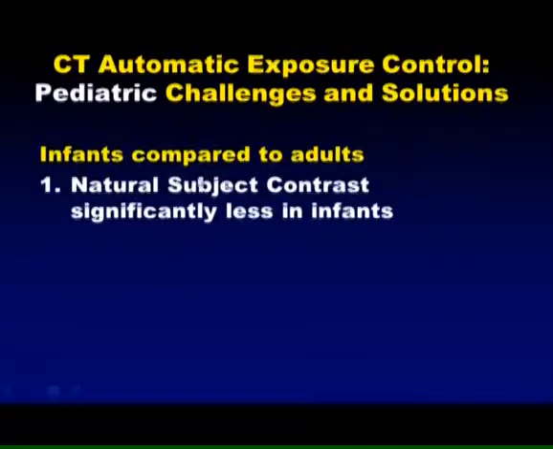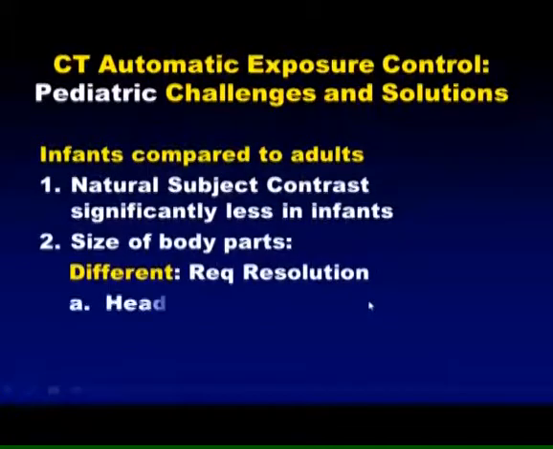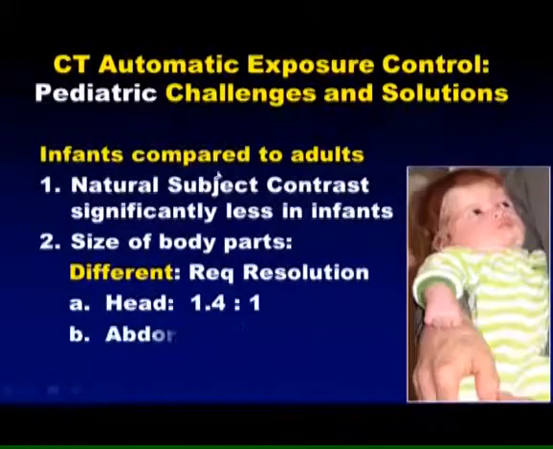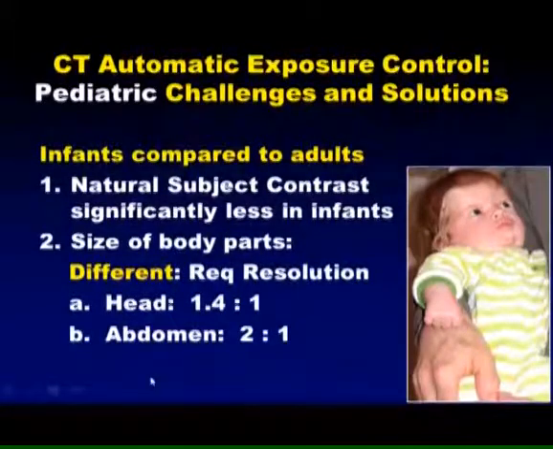So we've talked about this a little bit. Infants compared to adults, the subject contrast is less, and their body parts are smaller. One other point that I want to make, if you haven't been around kids: all parts of our bodies don't grow at the same rate. You may find that odd, but our heads only increase in size by a factor of 1.4 as we go from an infant to an adult, while our abdomens increase about double in thickness.